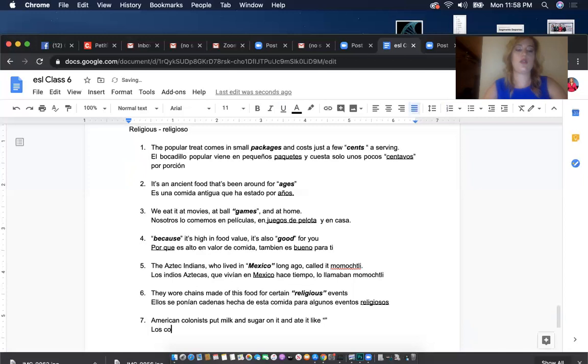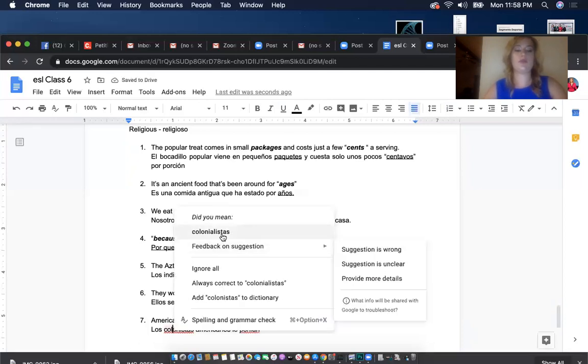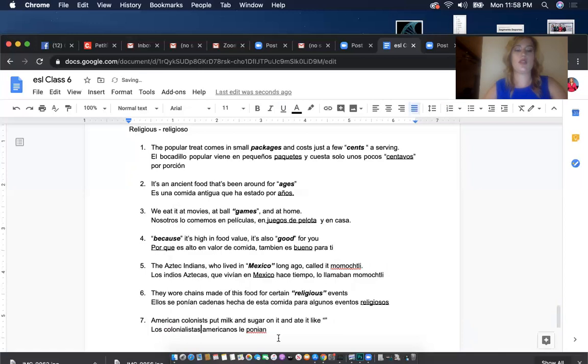Los colonistas americanos le ponían milk, leche, y azúcar, y se lo comieron.